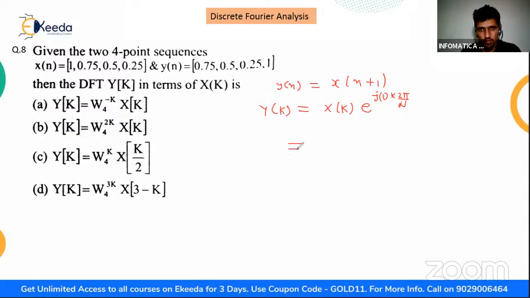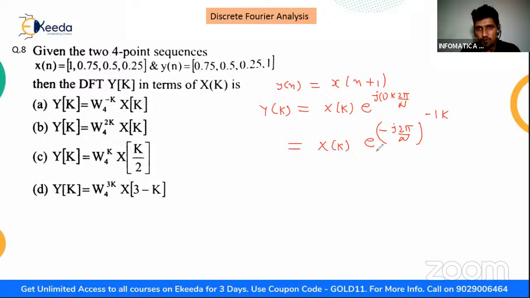And simply we can write it as e raised to the power minus j 2 pi by N, raised to the power minus k.